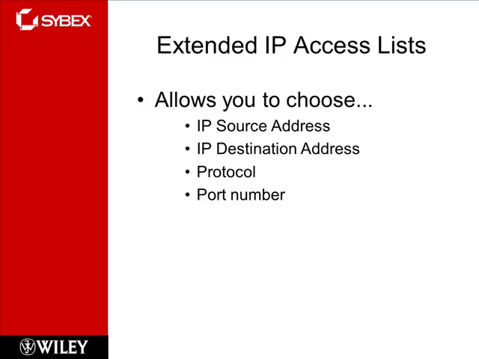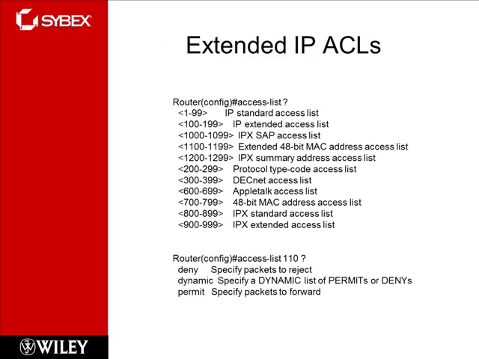If you're trying to allow people to get to your web server, you would permit at the destination IP address, and the destination port number would be 80. The source port you can leave blank, and it's any port then, or you can use greater than or equal to. You can use greater than 1024 because that's where the random ports are going to be assigned.